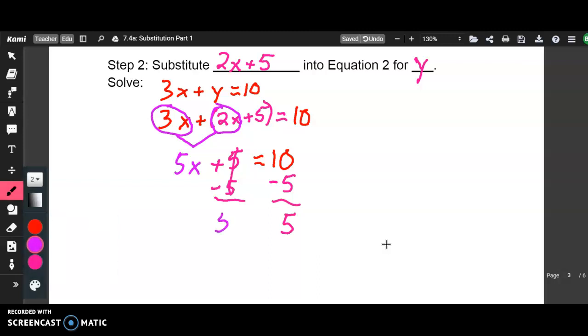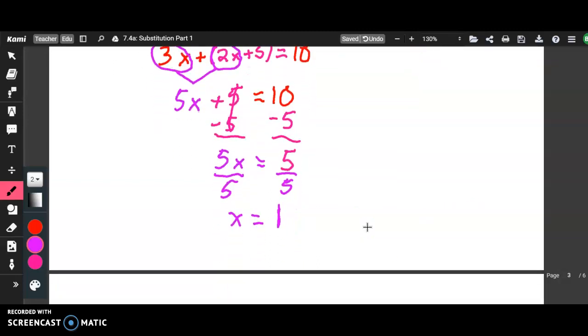And we get 5x equals 5. To get x by itself, I have to divide by 5. Divide by 5. And I get x equals 5 divided by 5 is 1. So now I know that x equals 1.